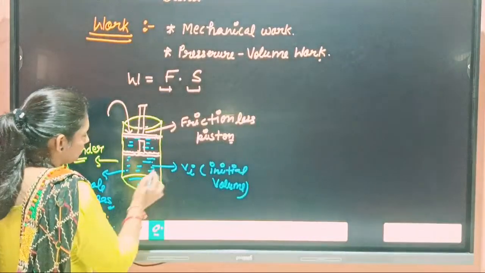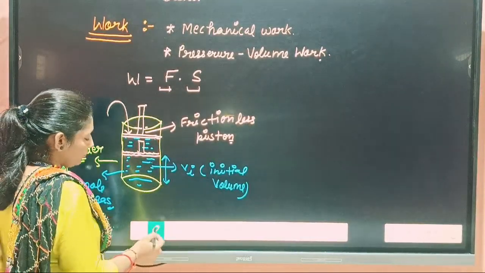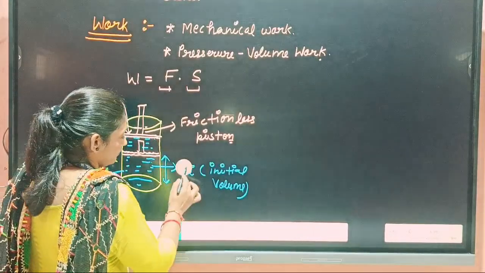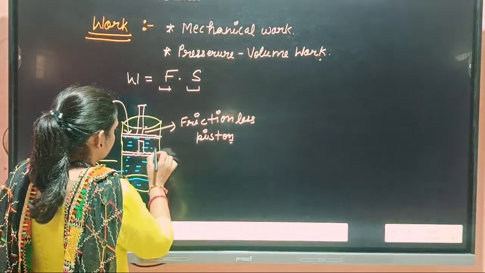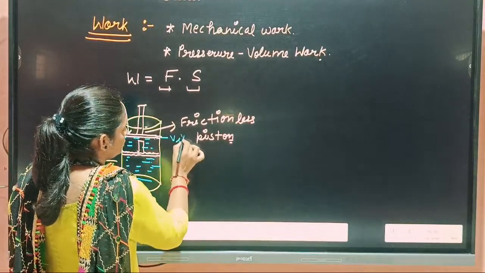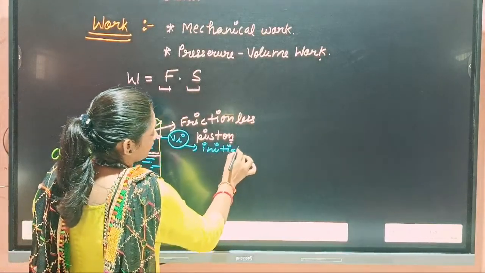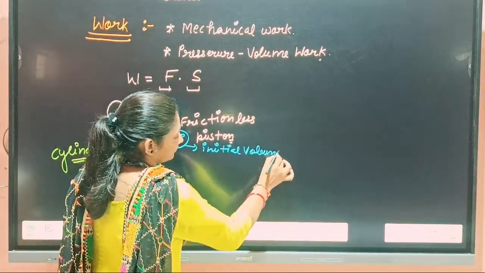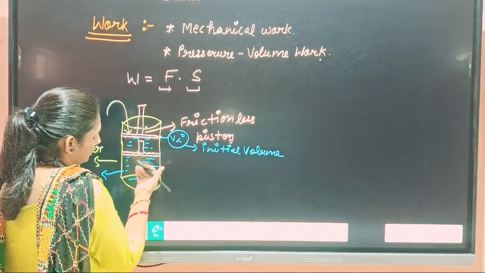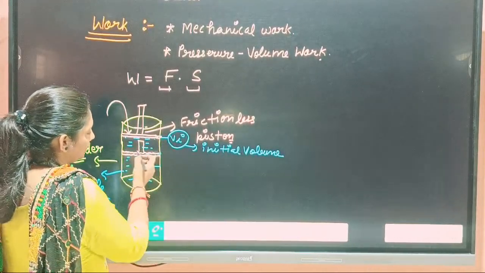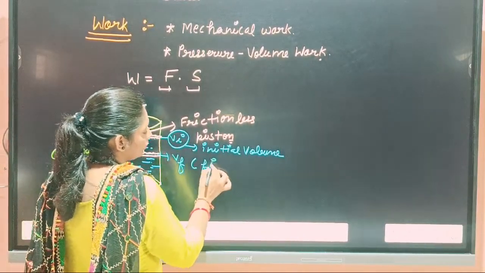After the decrease in volume, it is now Vf. This one is Vi, the initial volume, and now after applying pressure the volume is decreased, and Vf means final volume.